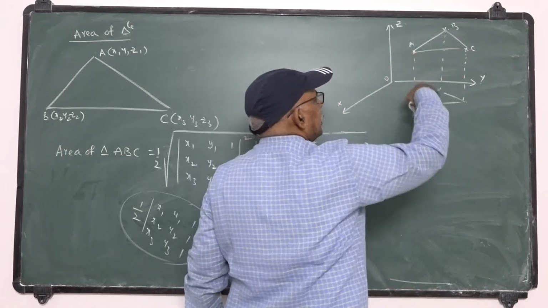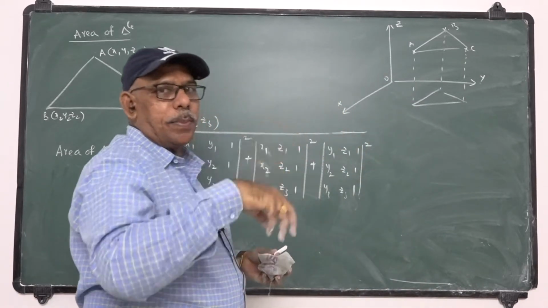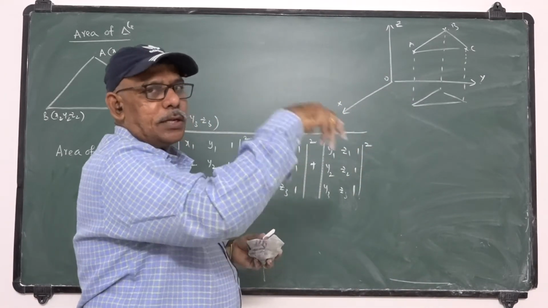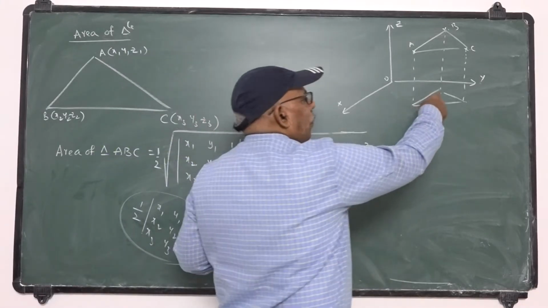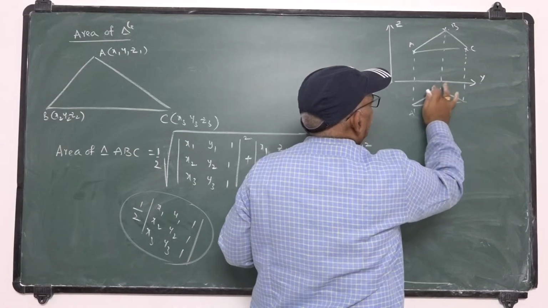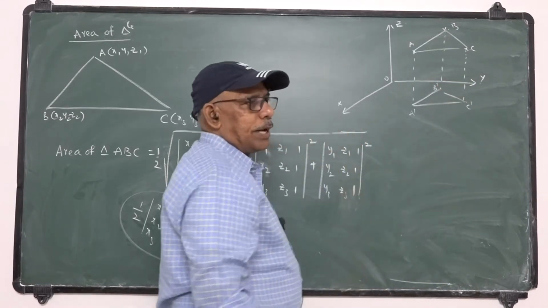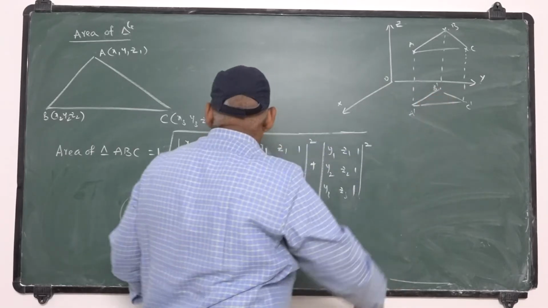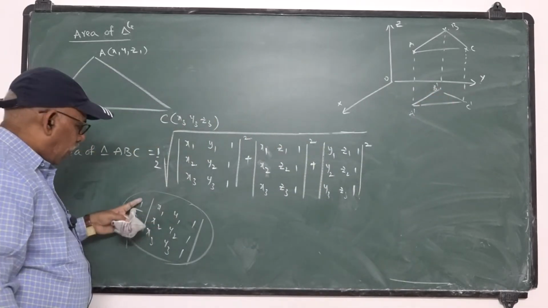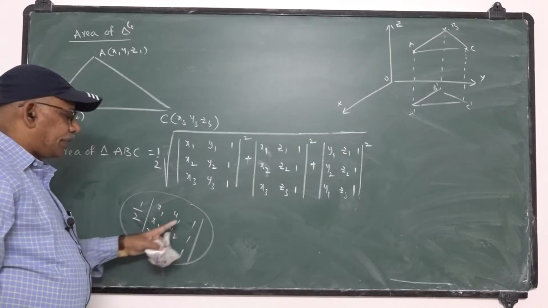Once you consider the feet of the perpendiculars from the vertices of the triangle to the coordinate planes, either the XY plane, or the YZ plane, or the ZX plane, the area of the projection of the triangle on the XY plane is given by half the determinant of x1, x2, x3, y1, y2, y3, 1, 1, 1.